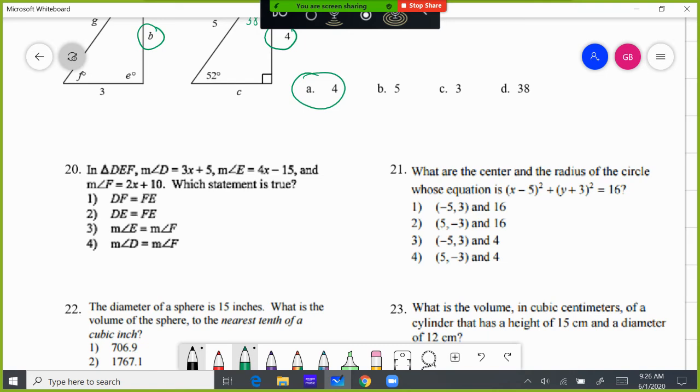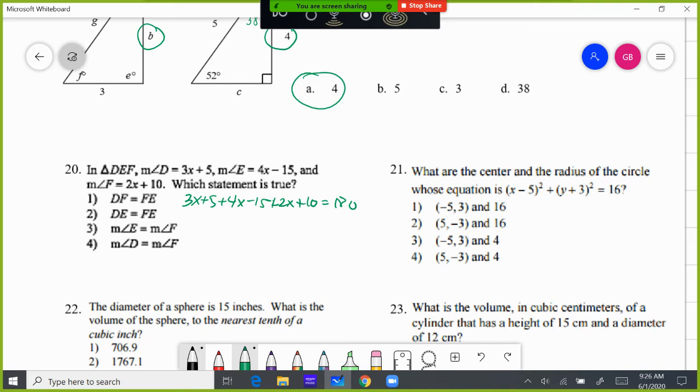They gave us 3 angles, so if you add up the 3 angles, they add up to 180. So I'm going to add up those 3 expressions: 3x plus 5 plus 4x minus 15 plus 2x plus 10 is equal to 180.